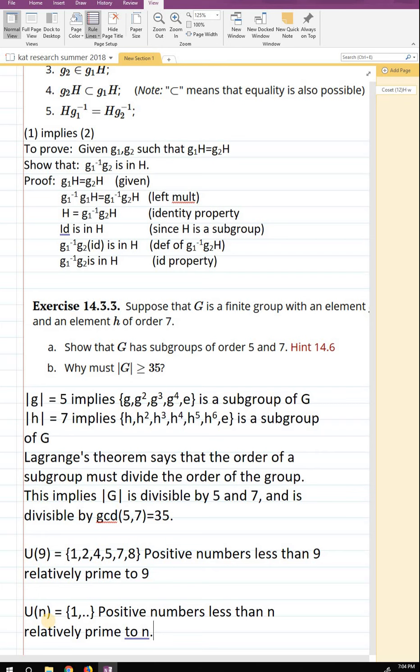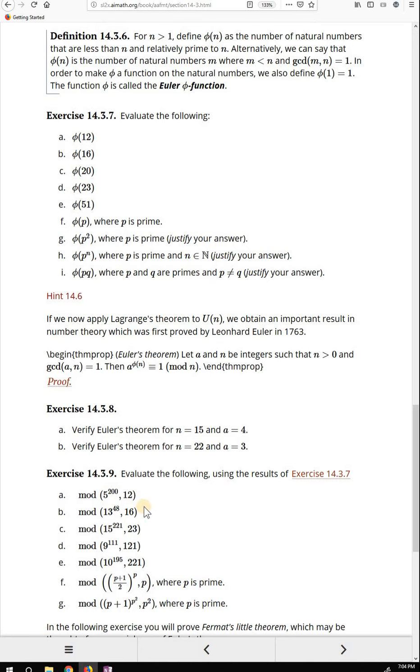Now there's a function called the Euler phi function, defined as the number of positive integers less than n relatively prime to n. So phi of n is defined to be this number.